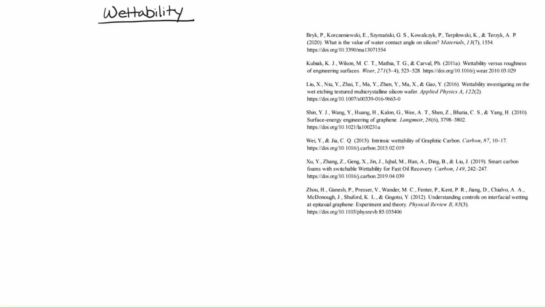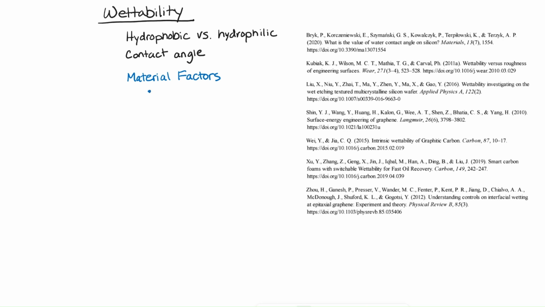Throughout the video, you will see my references pop up on the screen, and let's start with an overview. We'll first talk about what it means to be hydrophobic versus hydrophilic, and go into what a contact angle is. Section 1 will be material factors, common materials that are used, and themes found throughout the literature I read.